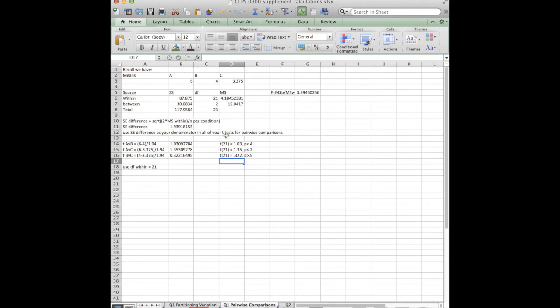The only difference between an LSD and a Tukey HSD is that in Tukey's HSD, you just have to find a penalty term. So it would just be based on the degrees of freedom within the groups that you have, and also the number of means that you're comparing.